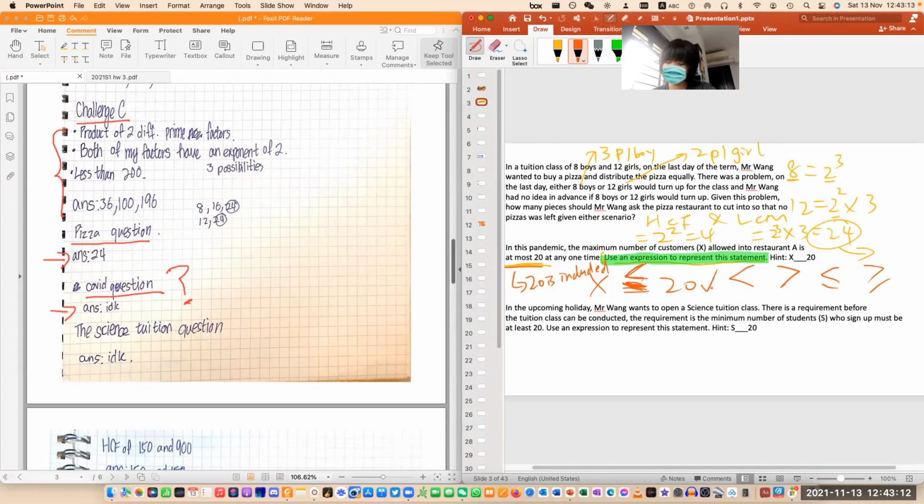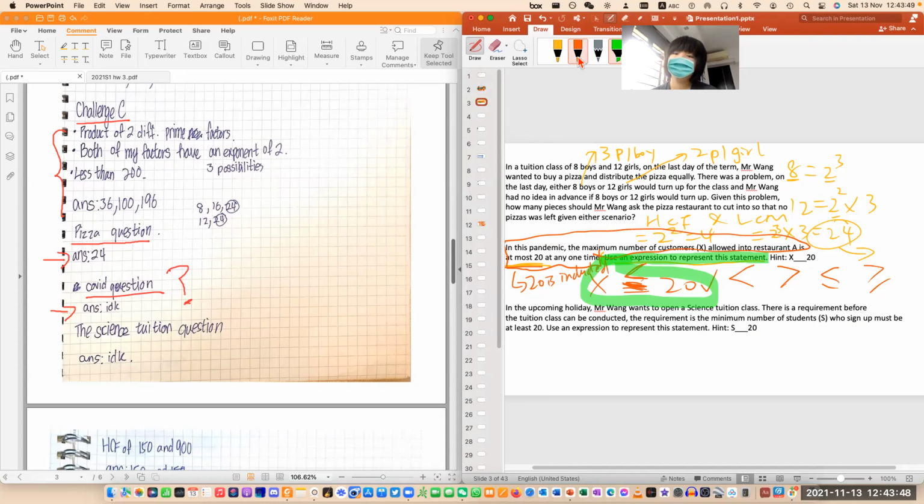So this is an expression to represent a statement. What I'm trying to show you here is that instead of writing this much in words, if you understand mathematics, this is a very simple way to distill the entire statement into a simple representation.